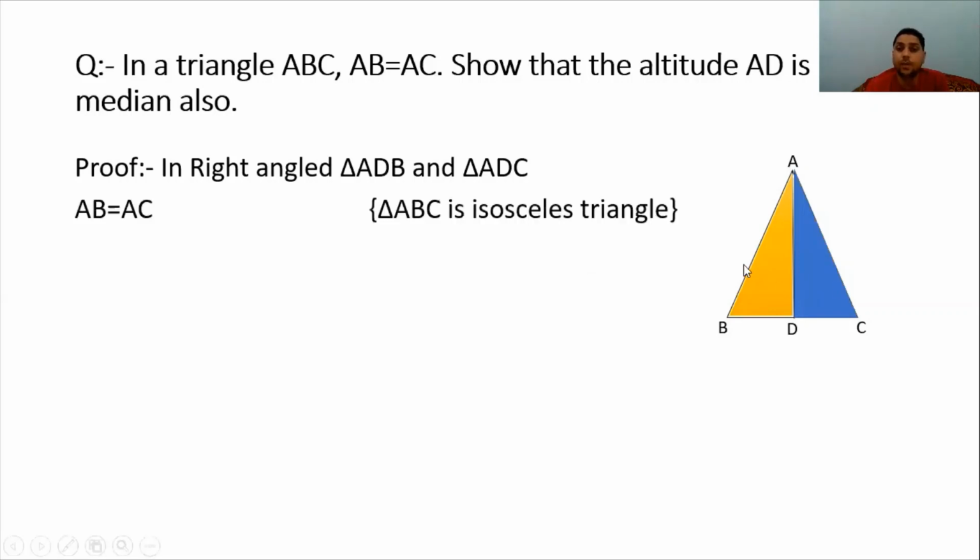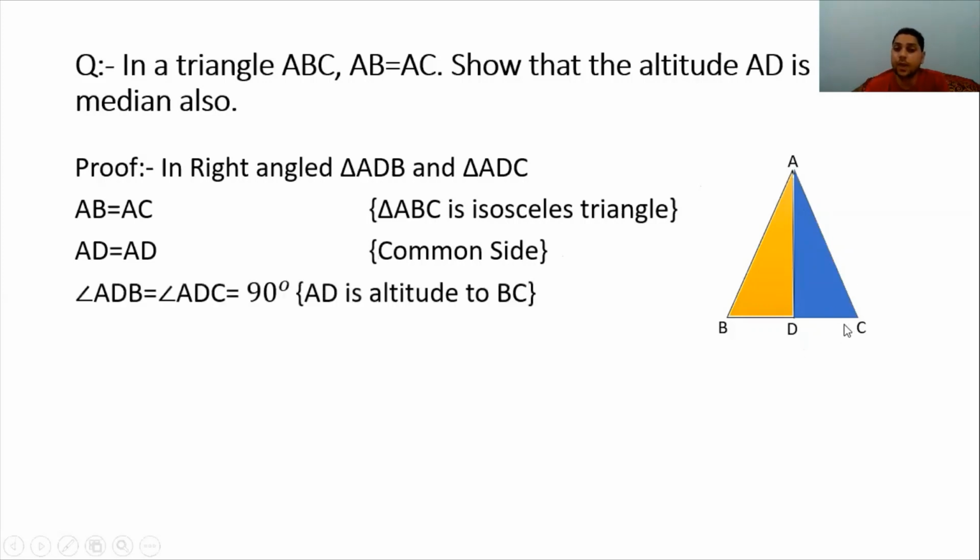Here we have AB is equal to AC. This side is equal to this side because these are the sides of the isosceles triangle ABC, and it is given in the condition here. Second, AD is common in both triangles. Third, this angle is 90 degrees.